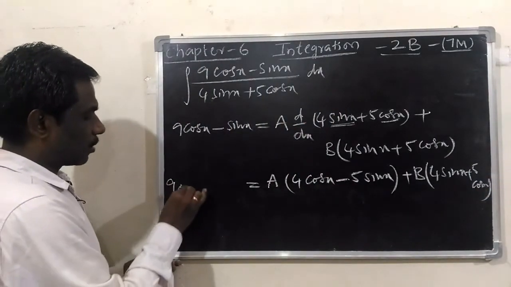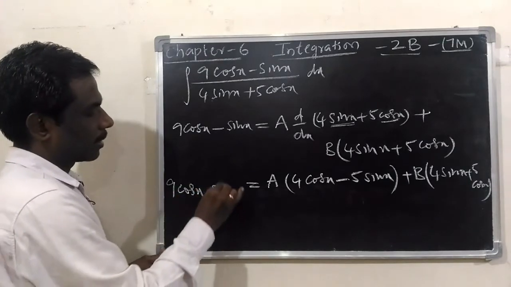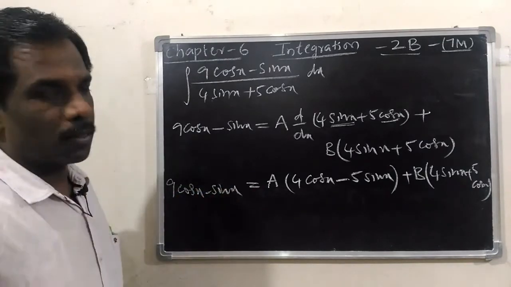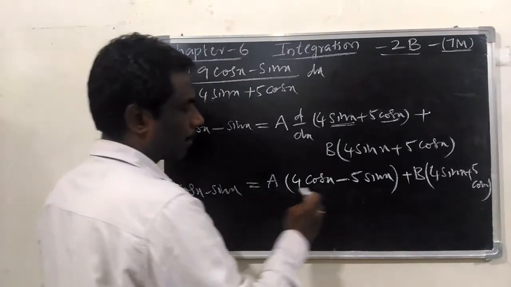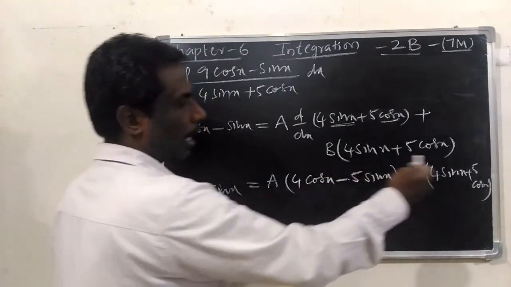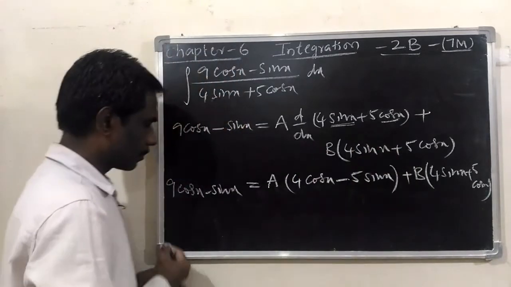And the LHS is 9 cos x minus sin x. To find the a value and the b value, we multiply this bracket value with a and this bracket value with b.